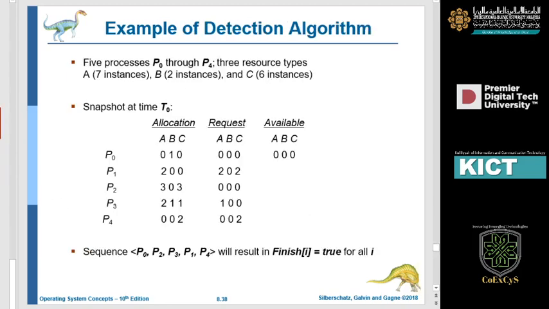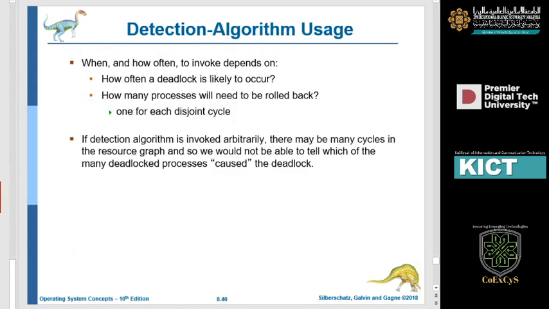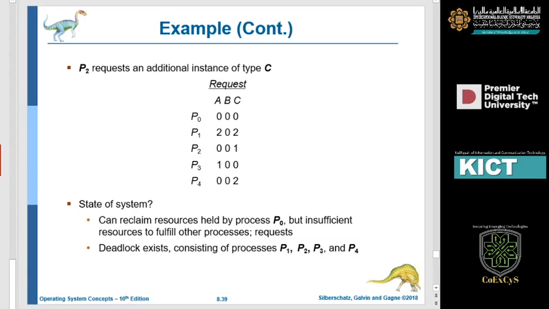Or if you allow P0 to run, it will release its allocation, so 0, 1, 0, and you can still allow P2 to run and release its allocation. But if there is a situation where the allocation given back is not enough, then you would have reached a deadlock. Okay, so let's stop here, and we'll continue back in a bit.